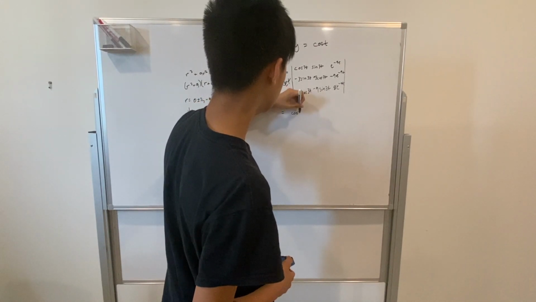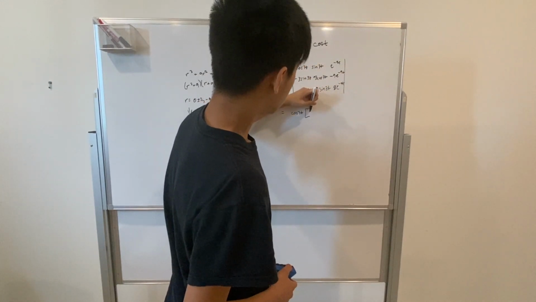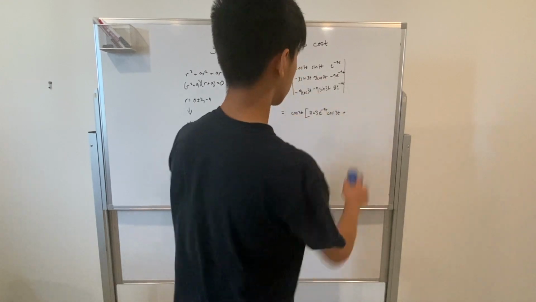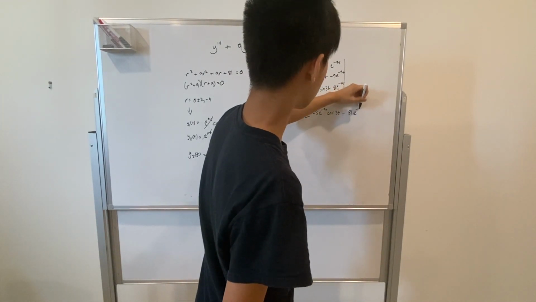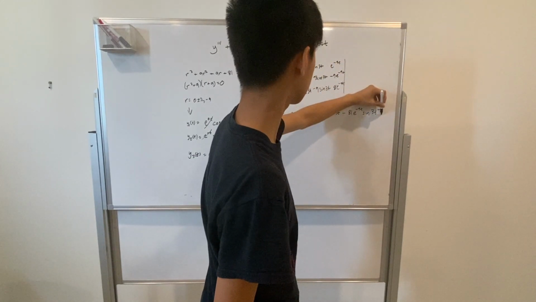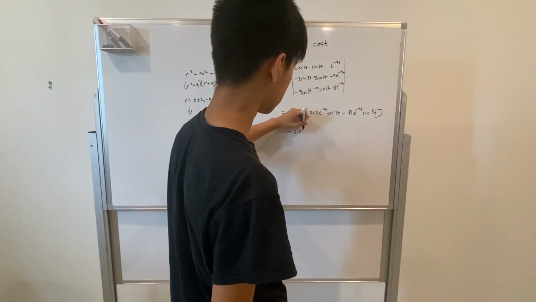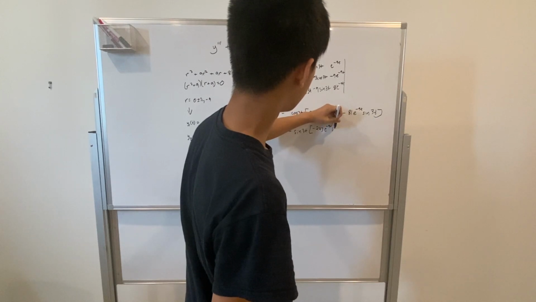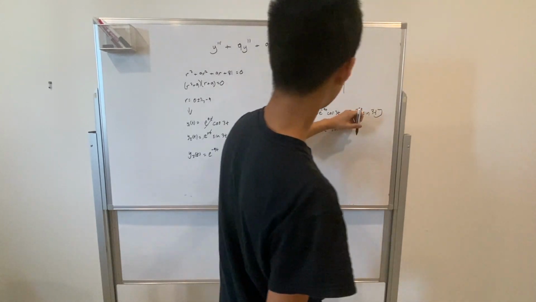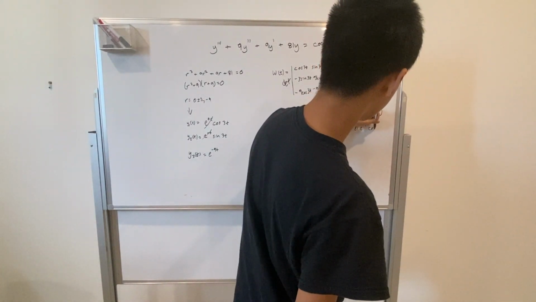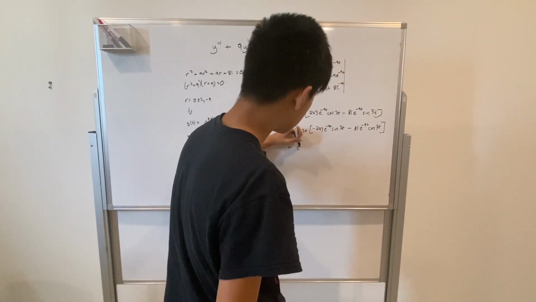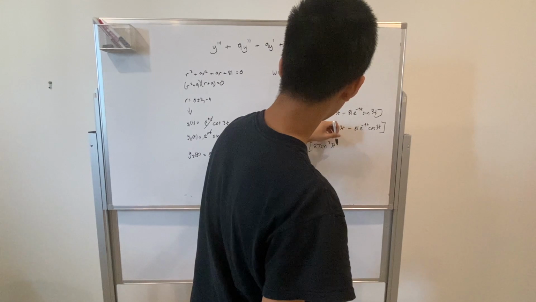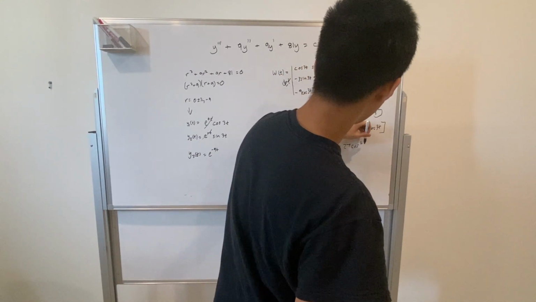We get cosine of 3t times 243 e to the negative 9t cosine 3t minus 81 e to the negative 9t sine 3t, minus sine of 3t times negative 243 e to the negative 9t sine of 3t minus 81 e to the negative 9t cosine 3t, plus e to the negative 9t times 27 sine squared 3t plus 27 cosine squared of 3t.